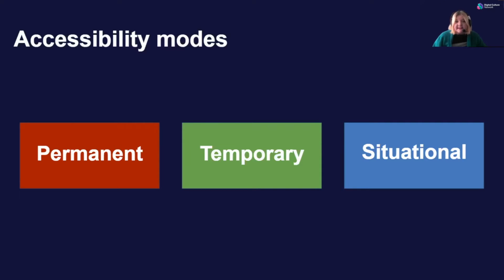These are accessibility considerations that last for a limited period of time. Examples of this can include a broken arm or tiredness. And then there's situational accessibility considerations. And these are due to the situations that you might find yourself in. So examples of this can include slow internet, screen glare, or a noisy room, that type of thing.